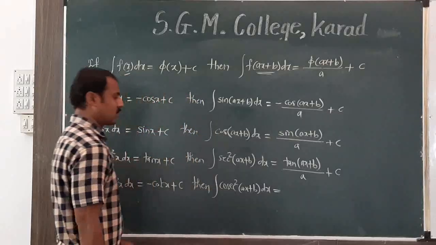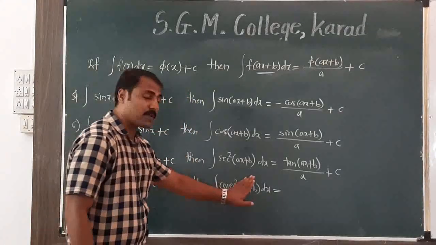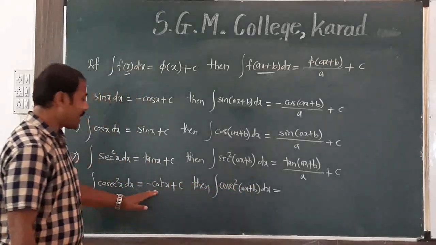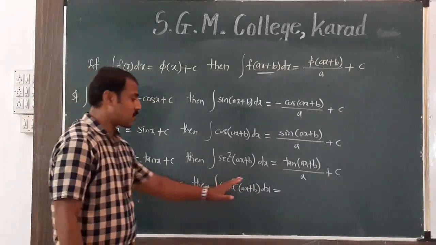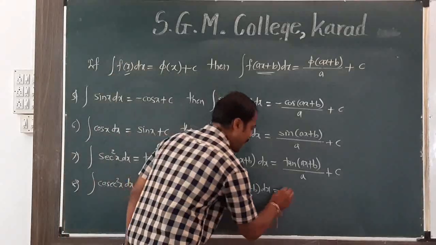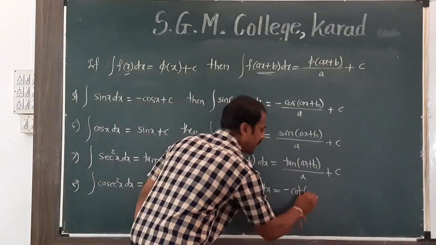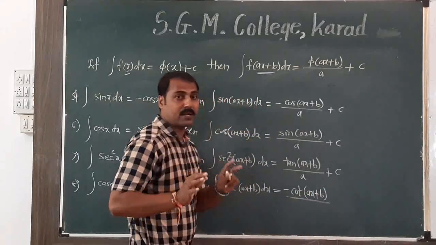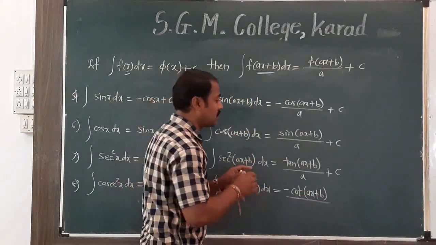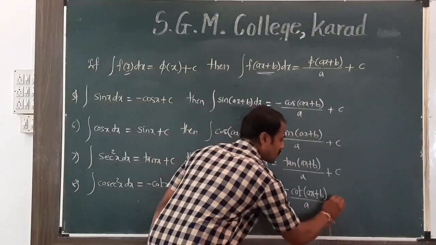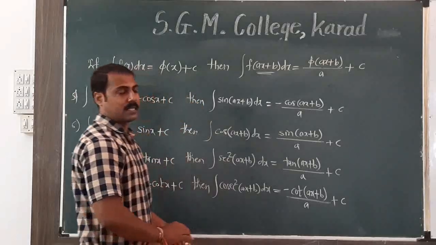Again consider ax plus b as x. Integration of cosec square x is minus cot x. So integration of cosec square of ax plus b is minus cot of ax plus b. Don't forget to divide by the coefficient of x, that is a, plus constant of integration c.